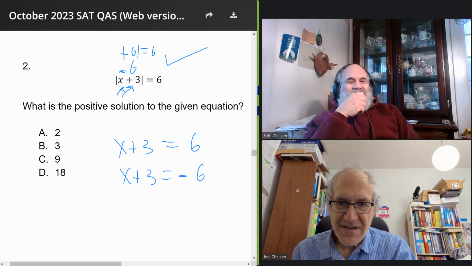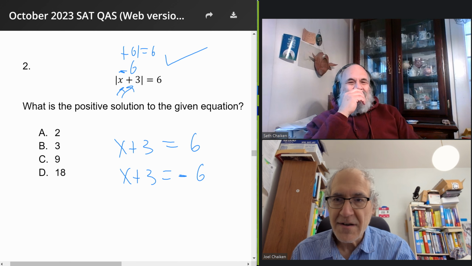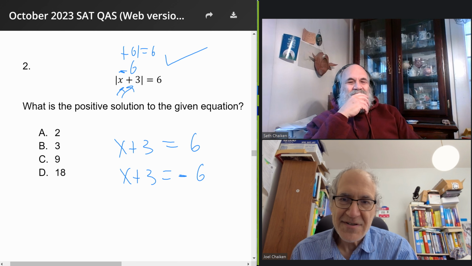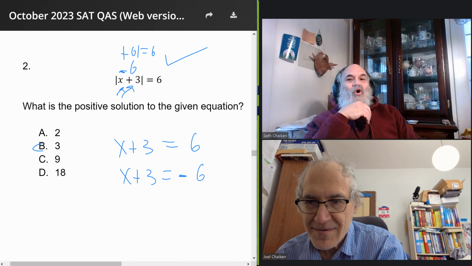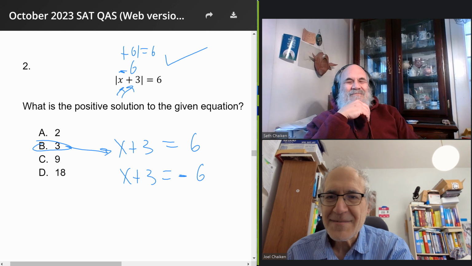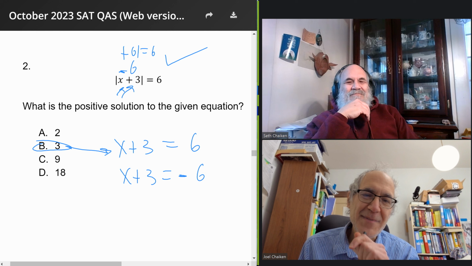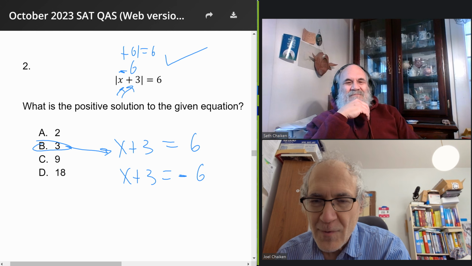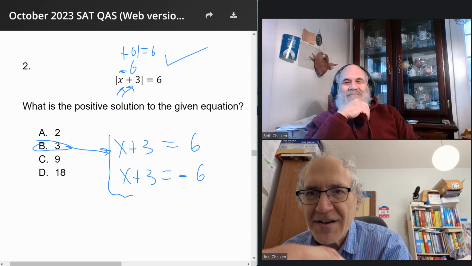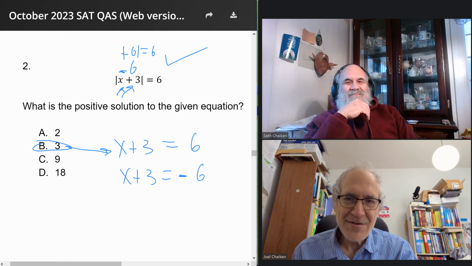So then we just can solve these and see which x value is greater than 0. So it looks like it's 3, right? All the choices are positive. No. Which is the positive? You're right, I misspoke. We solve these two equations and see which one has an x that's greater than 0.